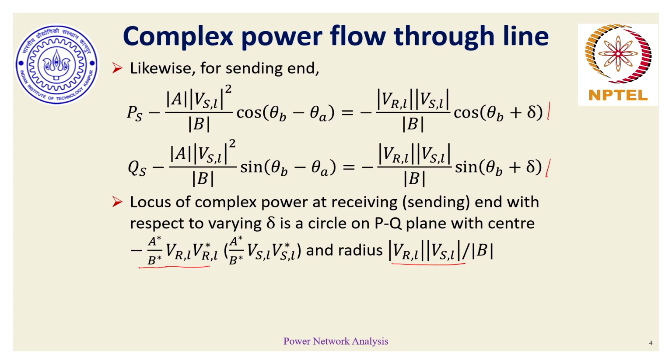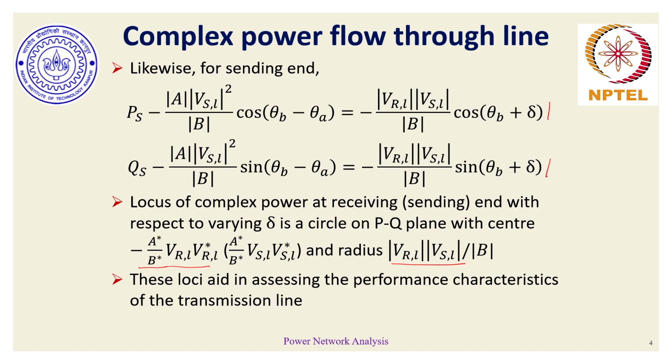These locuses are very similar to the capability curves we saw for synchronous generators, and they help in assessing the performance characteristics of the given transmission line under different operating conditions, which is why understanding them is important.